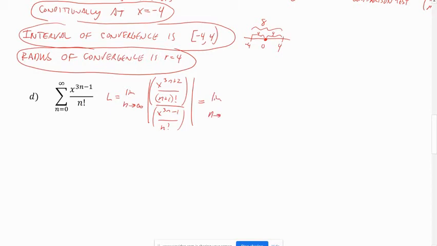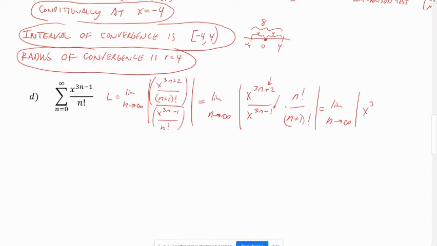That's the limit as n approaches infinity of x to the 3n plus 2 over x to the 3n minus 1, and n factorial over n plus 1 factorial. And this simplifies. The difference in the exponents here and here is 3, so we get x cubed.